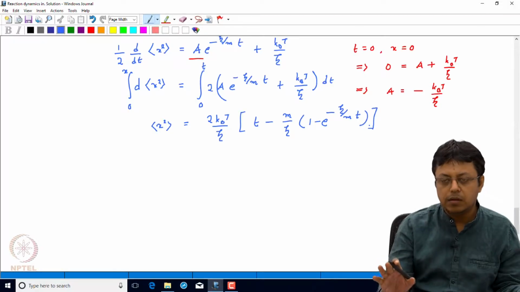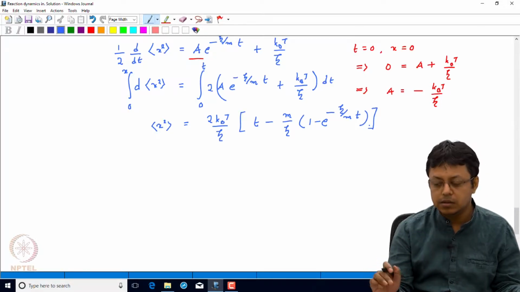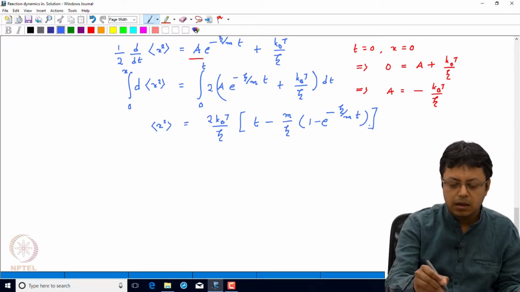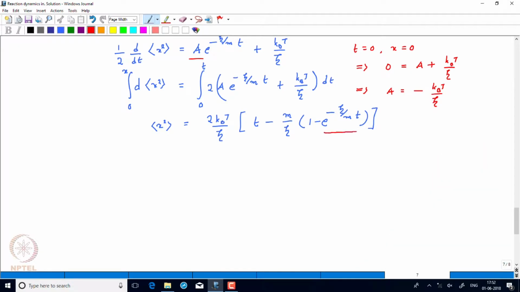This is the full analytical solution, but we can now approximate, because as you can see here I have an exponential term, and you know that e to the power x is nothing but 1 plus x plus x square by 2 factorial, which is 2, and this way we can write the series and truncate it up to certain terms, because we can see here that it is basically zeta divided by m.